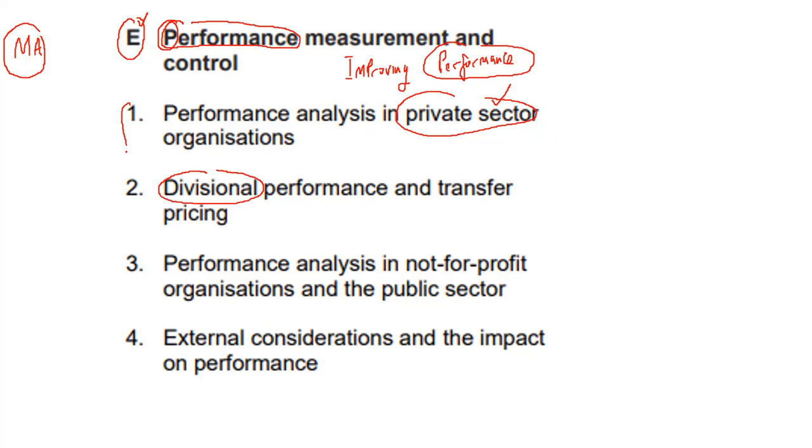So these two, you can argue that it's really the same sector with additional features. Then we've got another type of organizations, which is called the not-for-profit organizations, where the biggest player is the public sector organizations.